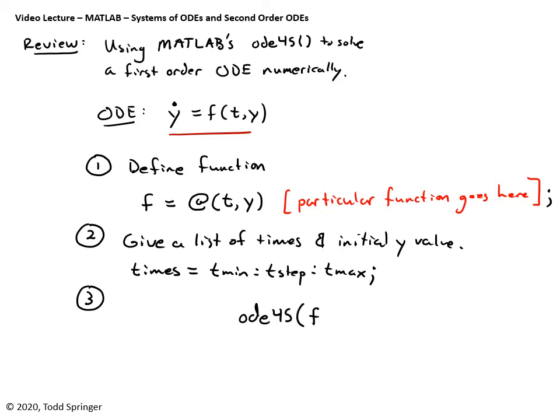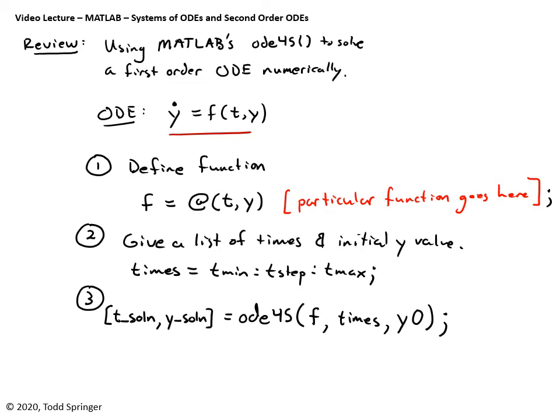The first is the name of the function, f. The second is the list of times that I want to know the value of y. And the last one is the initial value of y. It will give you 2 lists out. So I usually store them like this: t solution, y solution.